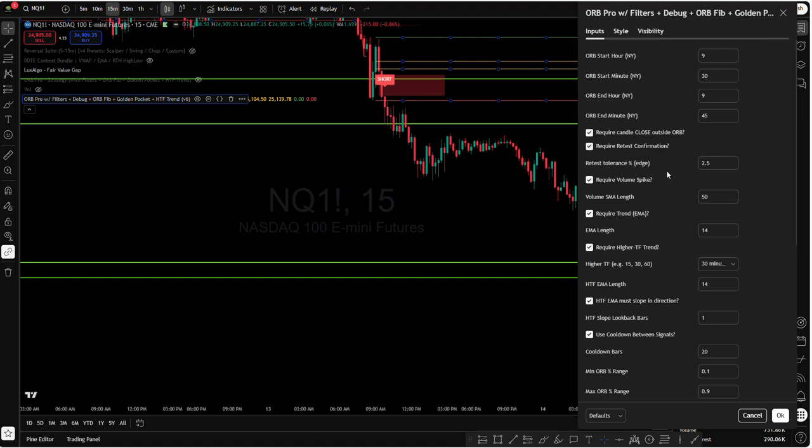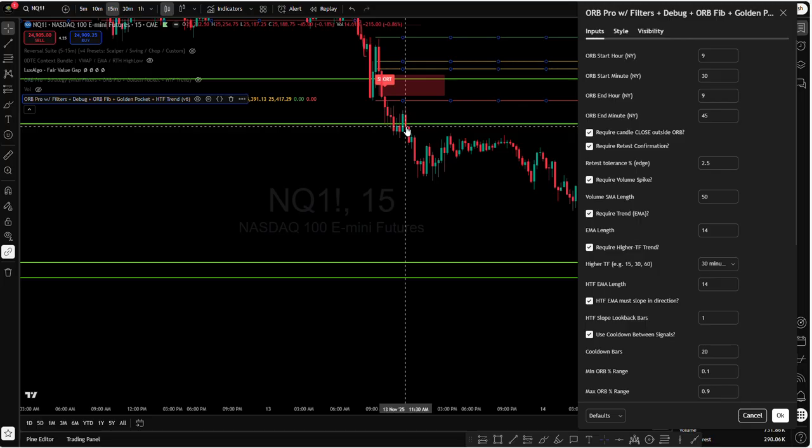Require retest confirmation. I want to make sure that everything is retesting. So if we have a breakout, we want to make sure it's getting back to where it needs to go, retest, and make sure that it's coming down. The indicator will either come on once it starts to fill out some of these confluences, or it'll come on later on.